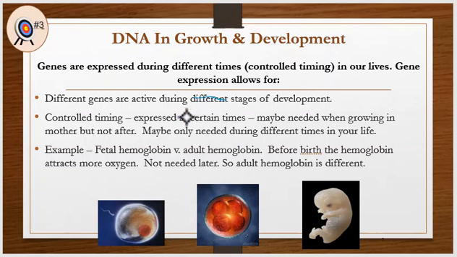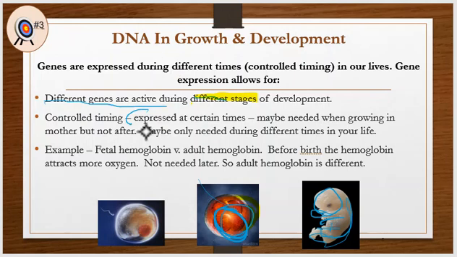Even when we think about the zygote, when the egg is first fertilized and it's forming this collection of specialized cells that will eventually form a head and an arm, and there's two legs and there's the spine of the infant in utero, different genes are active during that part. But there's also genes that are only expressed at certain times.